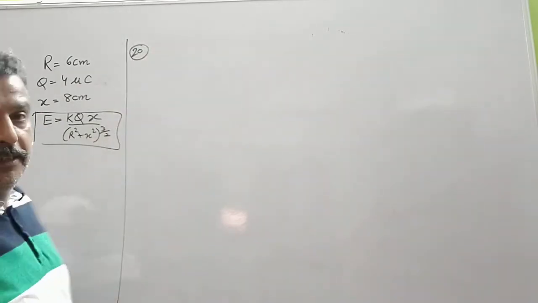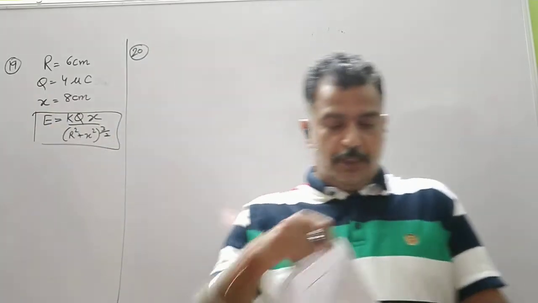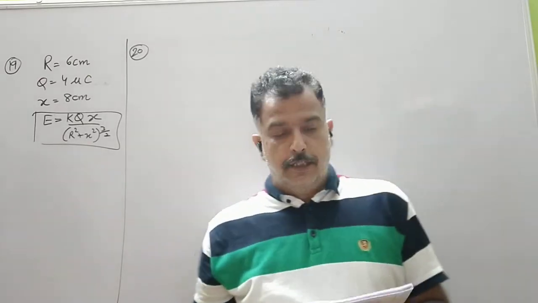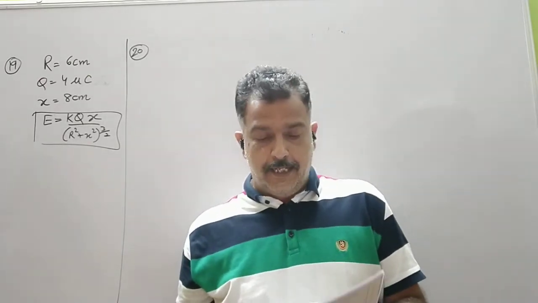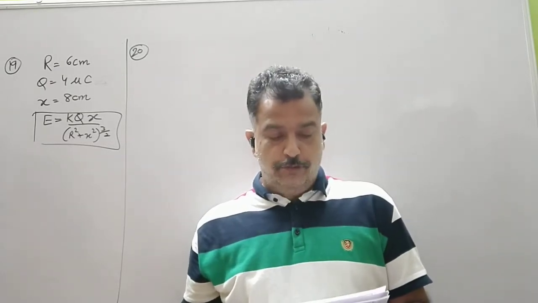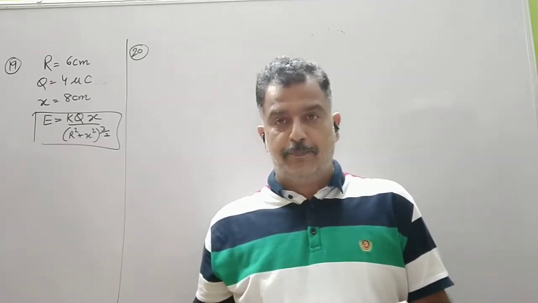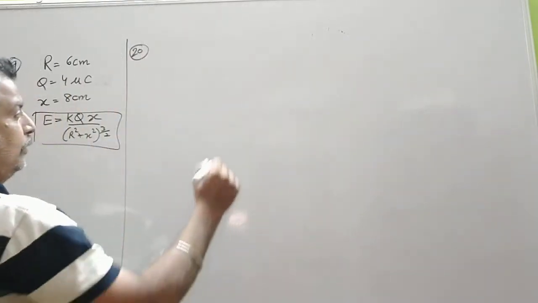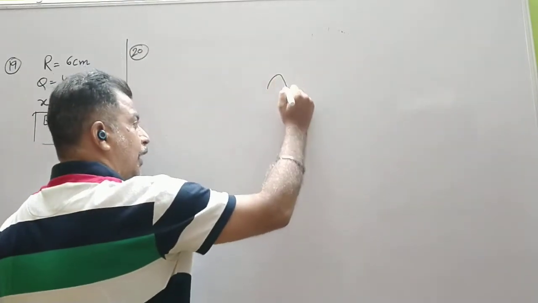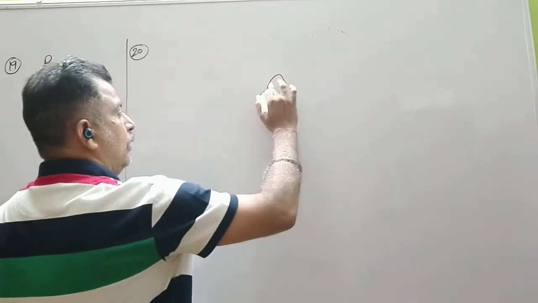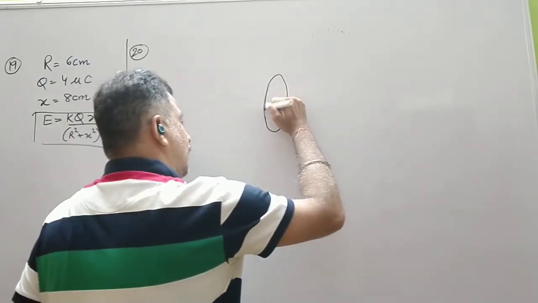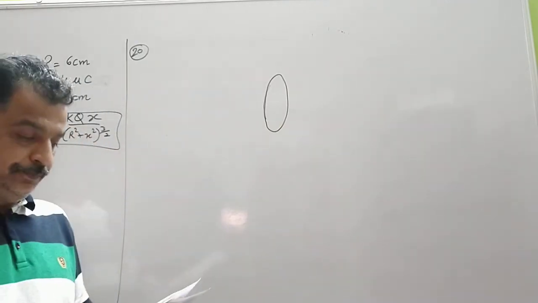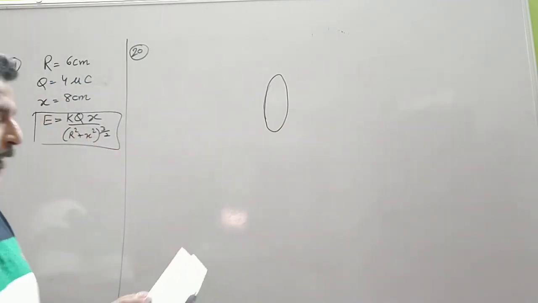Now let us say the MCQ number 20, which is our last MCQ: a circular ring of radius capital R, with uniform positive charge density lambda per unit length, is located in the YZ plane. So let us take a ring. This ring is along the YZ plane with its center at the origin.